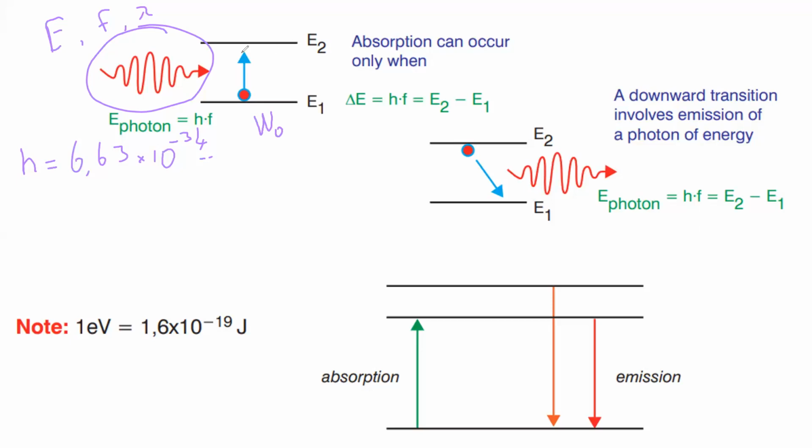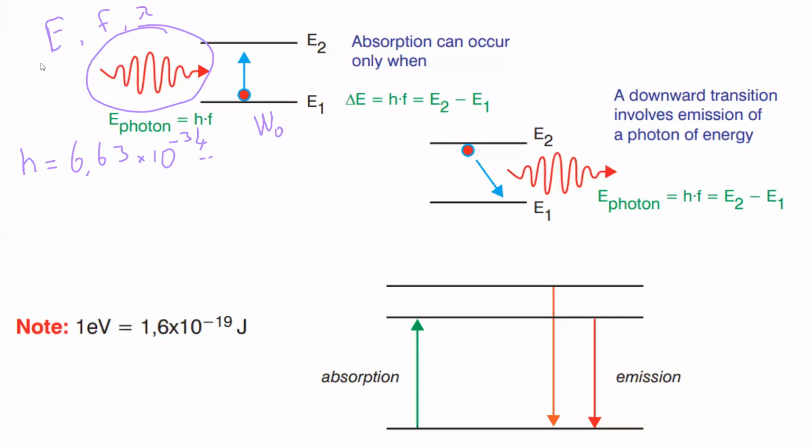We are calling it the work function. They can also ask during the exam. In the definition list, you see the work function. Work function is the minimum energy to take electrons from a lower level to a higher level.